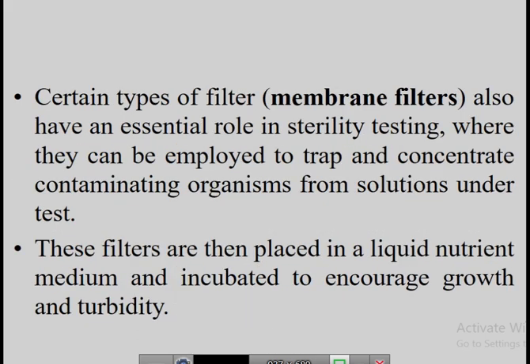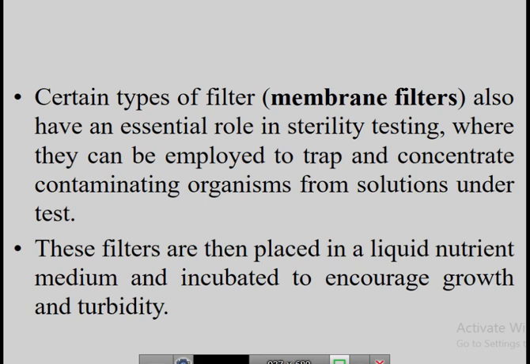A certain type of filter used in the microbiology laboratory is the membrane filter. They can be used to trap and concentrate contaminating microorganisms. Suppose you want to filter water, you can pour water through this membrane filter, and then place this membrane filter or filter disc onto the nutrient medium to see how many microorganisms are present in the water.